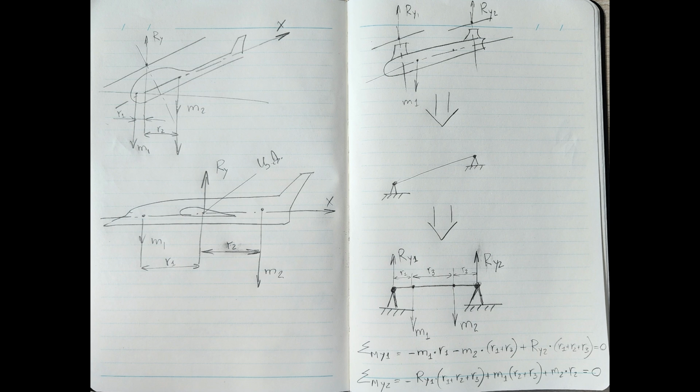Further, based on these coordinates, the total moment is calculated relative to the central datum, located, for example, at 23% of the mean aerodynamic chord of the aircraft, or relative to the point of conditional suspension of the helicopter, located at the intersection of the axis of rotation of the main rotor and the conditional plane of its rotation.